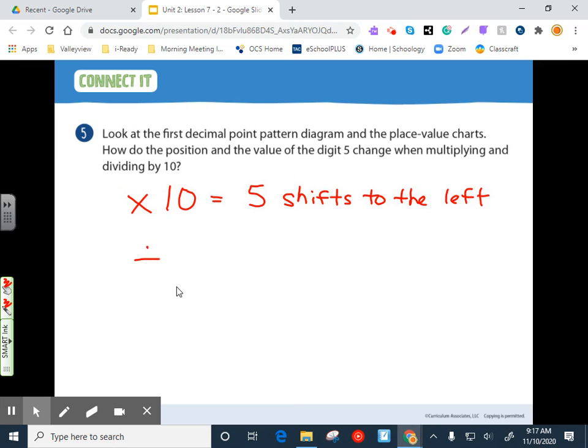And if we divide by 10, 5 shifts to the right. Okay, pretty basic is what we've learned so far.